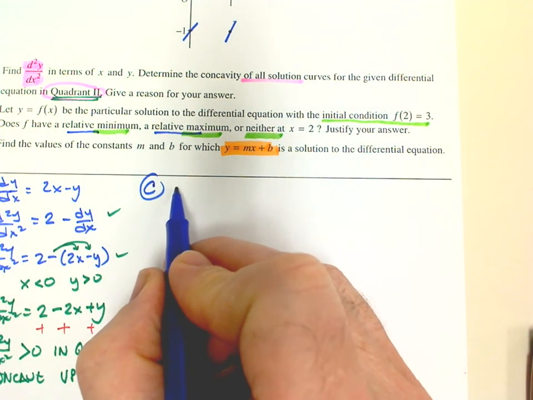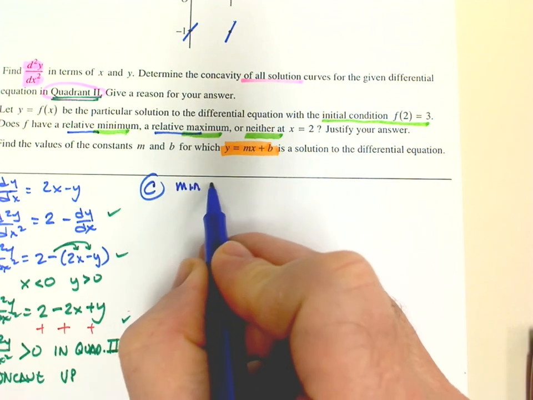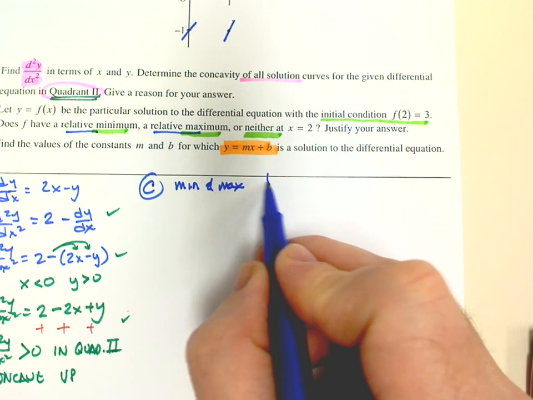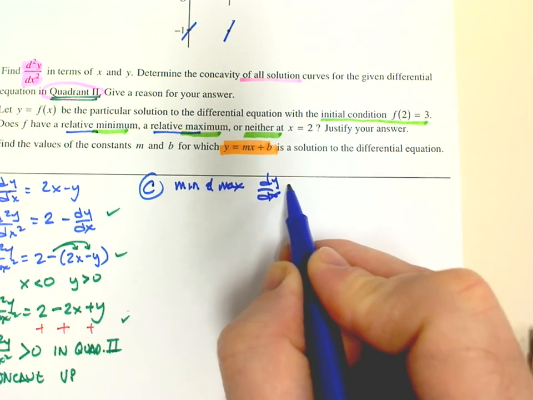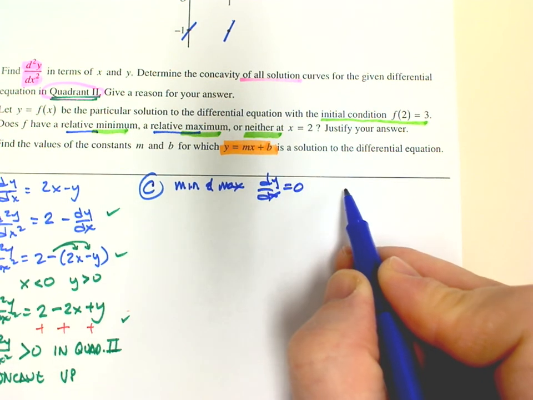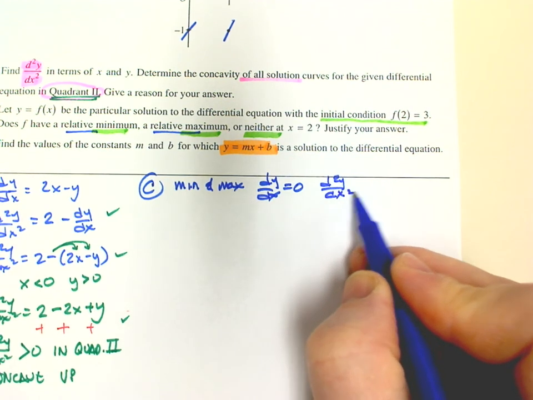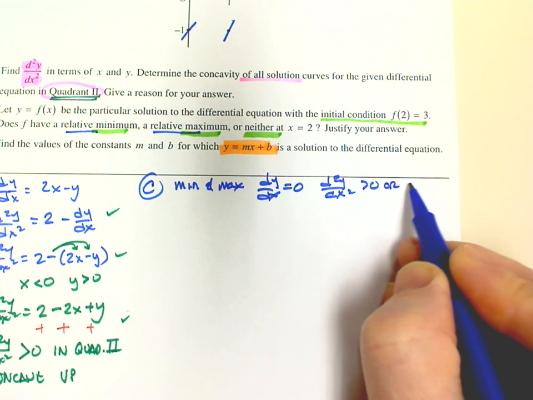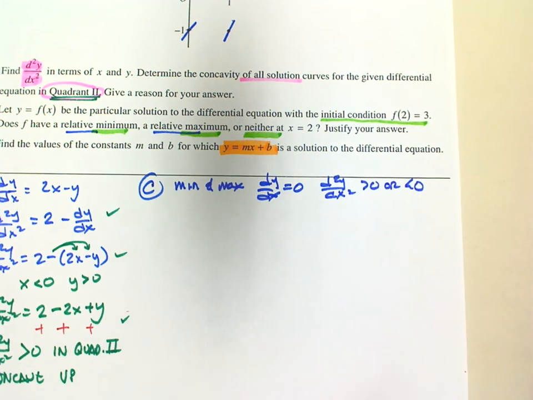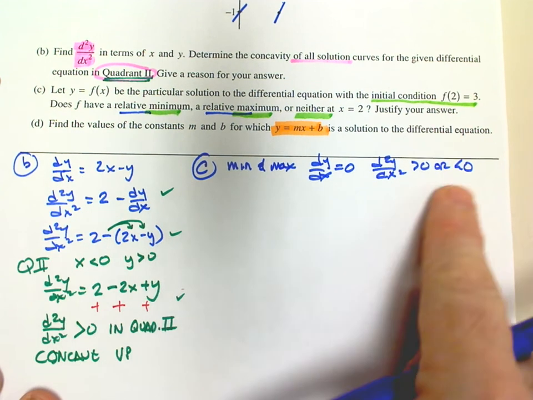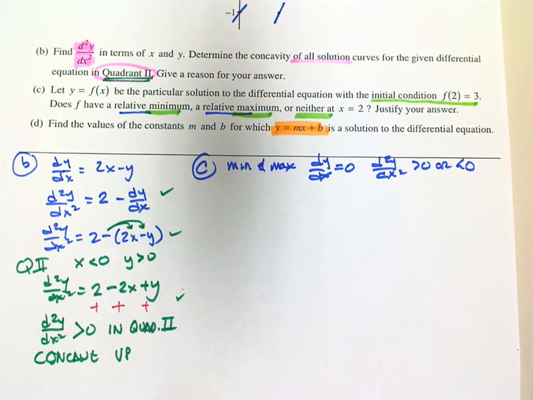Well, I know that mins and maxes always occur where our first derivative equals 0 and our second derivative is either greater than 0 or less than 0, concave up, concave down. I just found the second derivative. They gave me the first derivative, so let's use that to determine this.